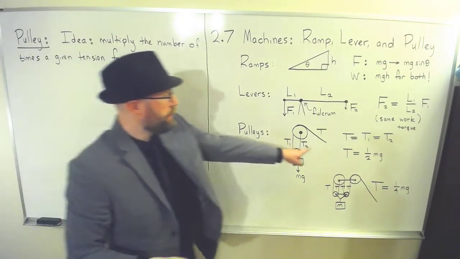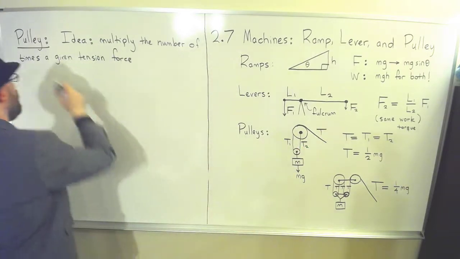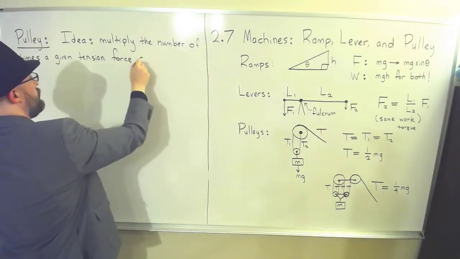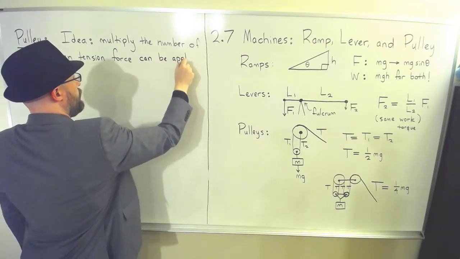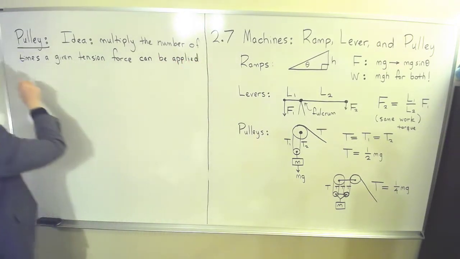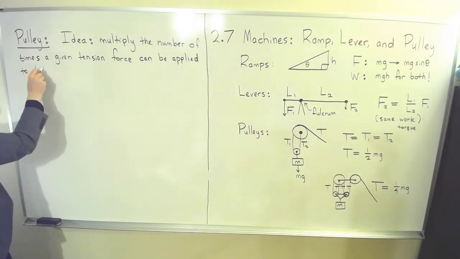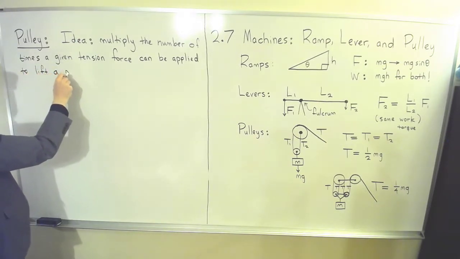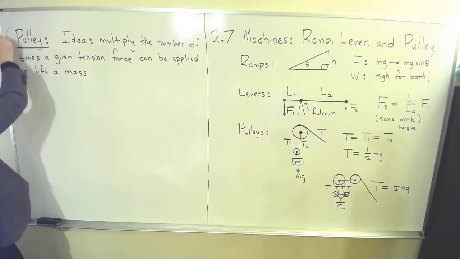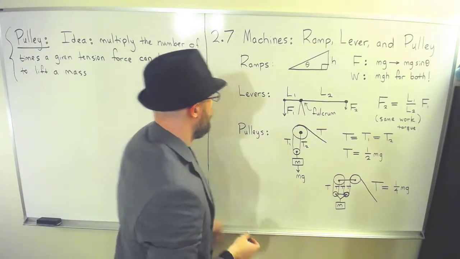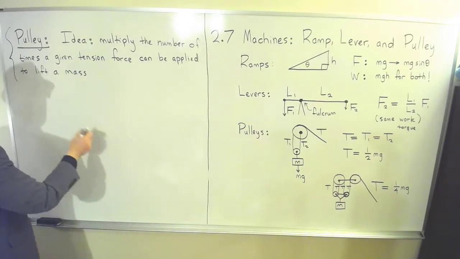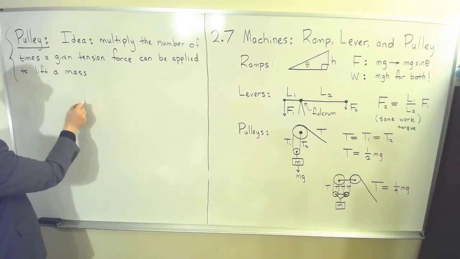See, you're pulling on this end of the cable. So multiply the number of times a given tension force can be applied to lift a mass.